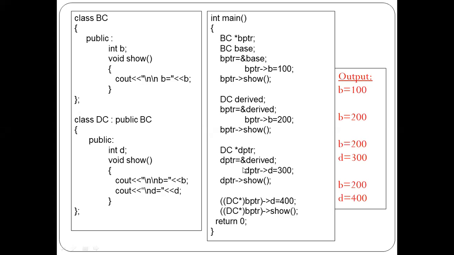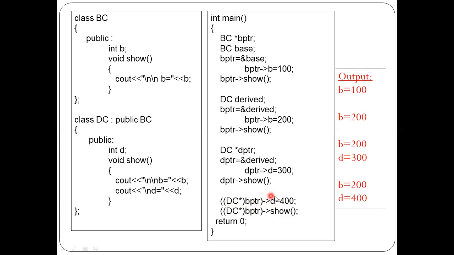Now, what is the difference when you point to values? We can point to a base class object with the pointer. Look at the second last line, where we have DC as the derived class, and the pointer is for the base class, and it is pointing to a data member of the derived class.